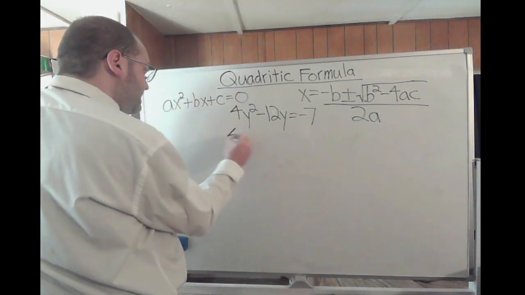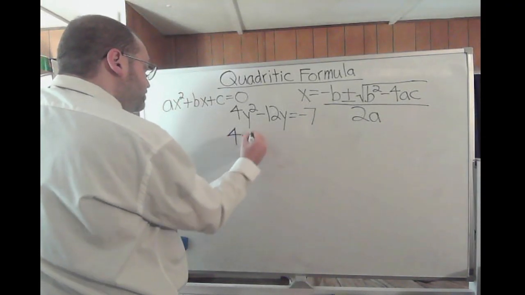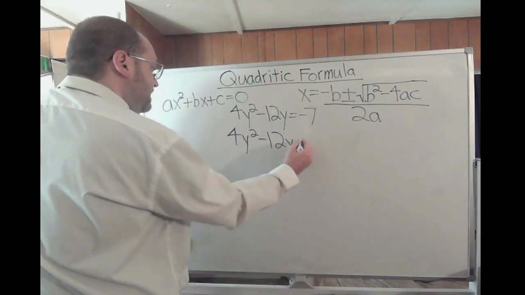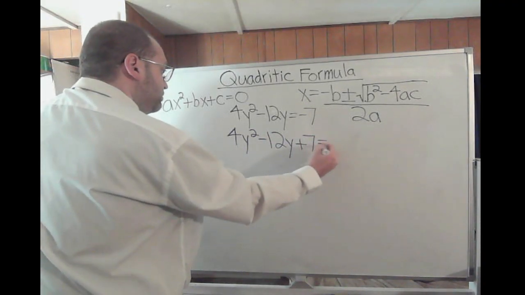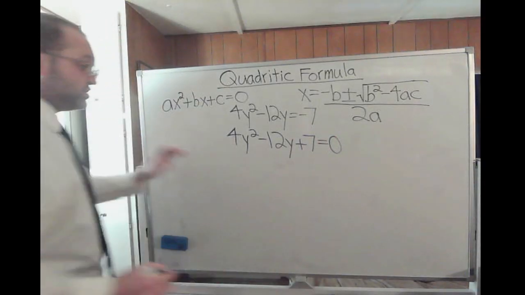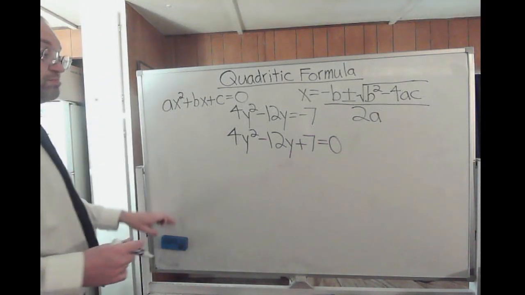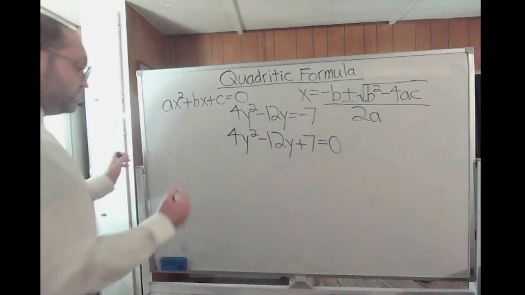So when we do that, the equation you'll get would become 4y squared minus 12y plus 7 equal to 0. Now this quadratic equation is in the standard form, which means we now may begin doing the quadratic formula.